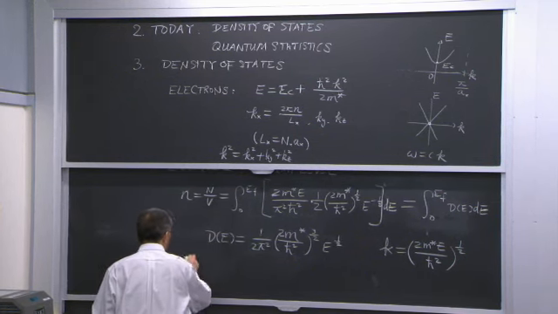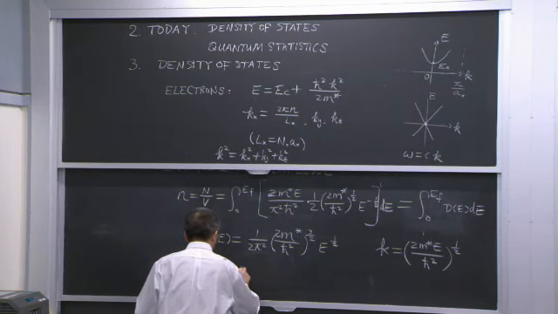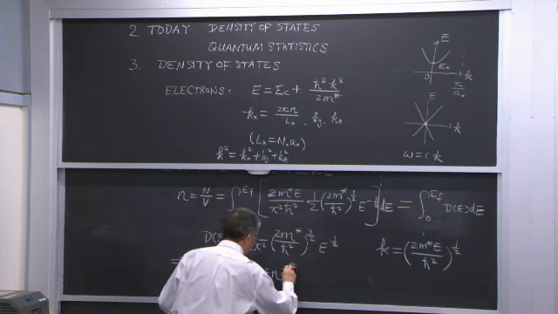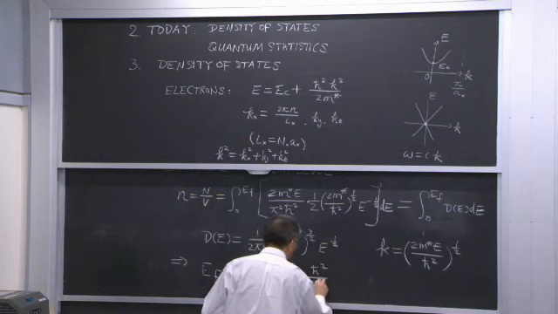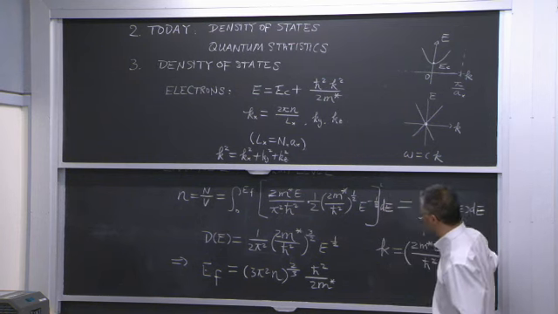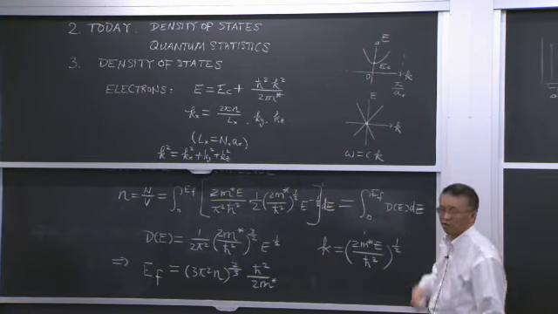You do your integration, and you find out that your EF equals 3 pi squared to the 2/3, times h bar squared over 2m. That's after you do your integration and your inverse, writing in terms of EF.